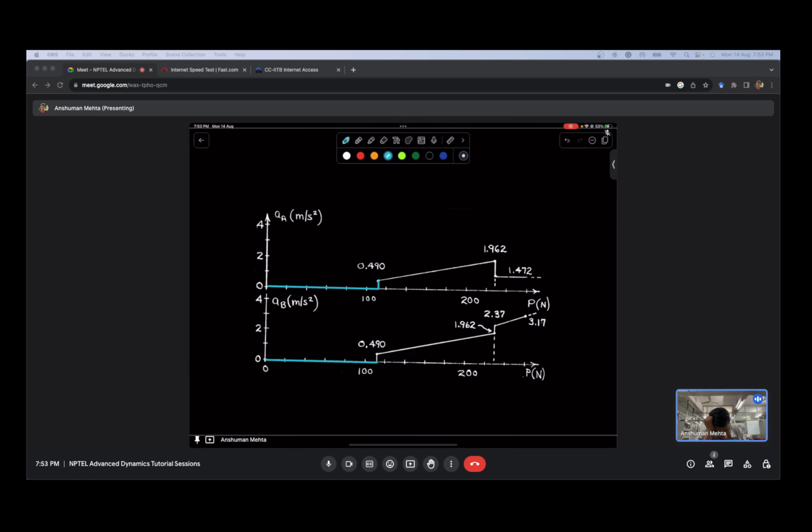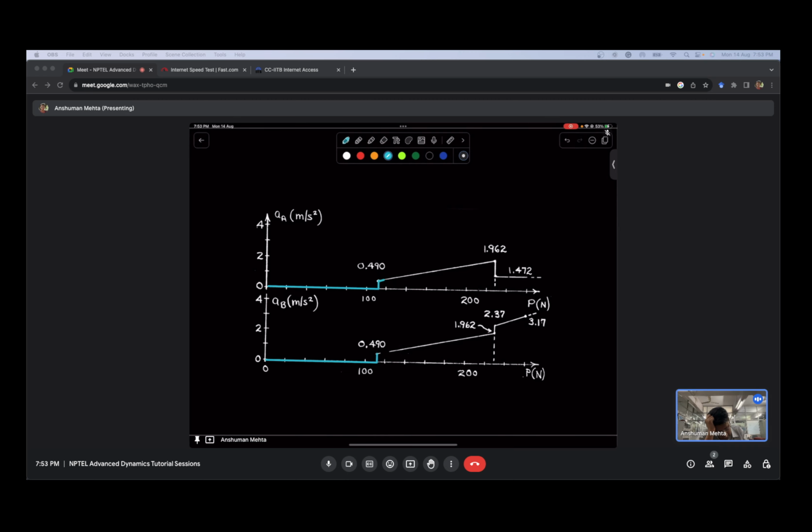Then there will be a jump, a sudden jump, denoting this jump.